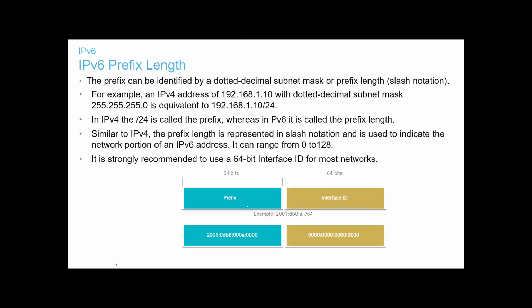Since there are 128 bits in an IPv6 address, typically that's just chopped in half, and the first 4 hextets would belong to the network. The last 4 hextets would belong to the interface ID. So 2001:DB8:A000:0 would be the first 4 hextets, and the last 4 hextets would be quad zeros.